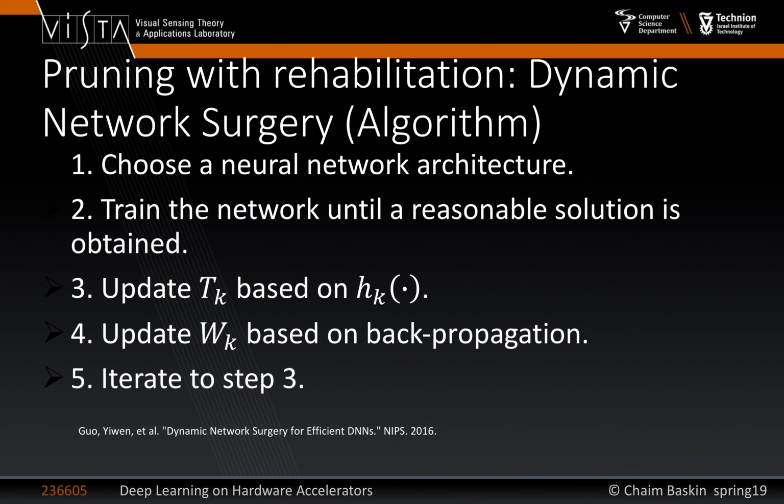We update our parameters Tk based on a function that we defined before, and we update our Wk matrices based on backpropagation. The backpropagation result gives us information on which weights are used or not, and which of them we can reduce.